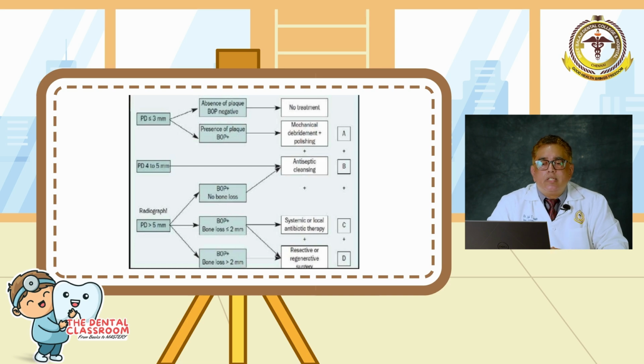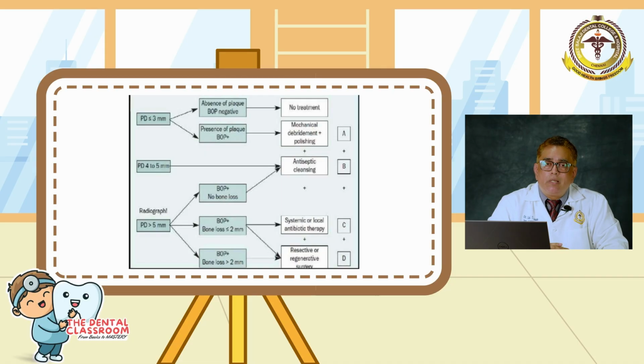First one, you will see the absence of plaque, bleeding on probing is negative, and periodontal probing depth is less than 3 millimeters. You will have no treatment to be done there. But in some cases there is presence of plaque and there is bleeding on probing. So you will have mechanical debridement and polishing done there.